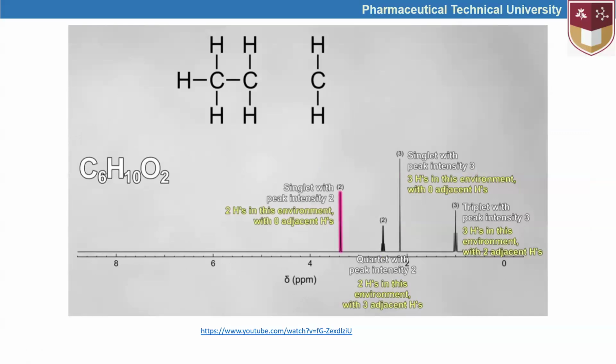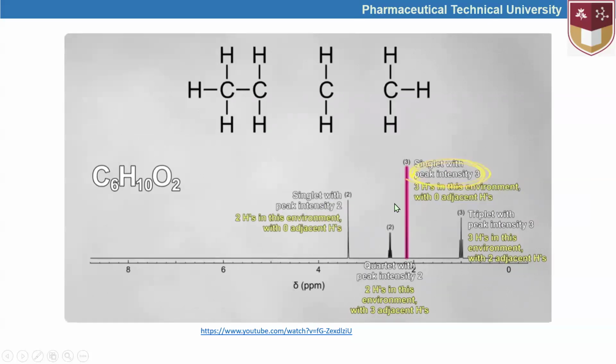Here we talked about this peak and this peak, and based on them, we developed this methyl plus methylene group, an ethyl group. And this one, singlet with peak intensity 2, means it has 2 hydrogens. Since it is singlet, it has no adjacent hydrogens.